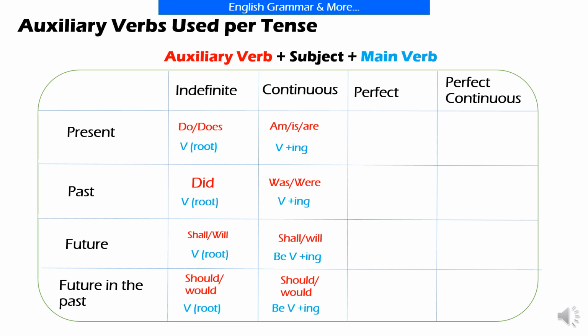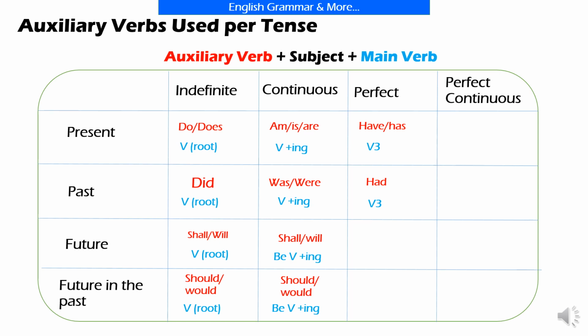If the sentence is in the present perfect tense, then as an auxiliary verb, you will use have or has, and the main verb will be in its third form. If the sentence is in the past perfect tense, then as an auxiliary verb, you will use had, and the main verb will be in its third form.